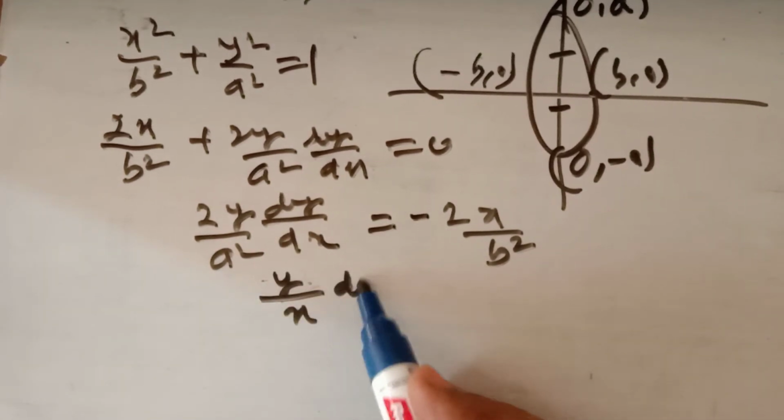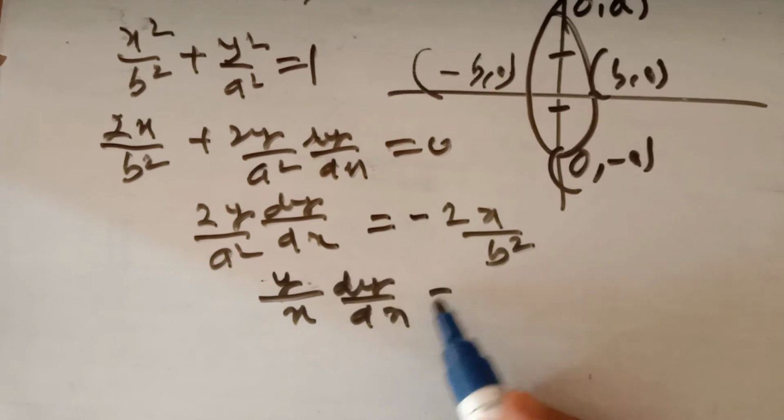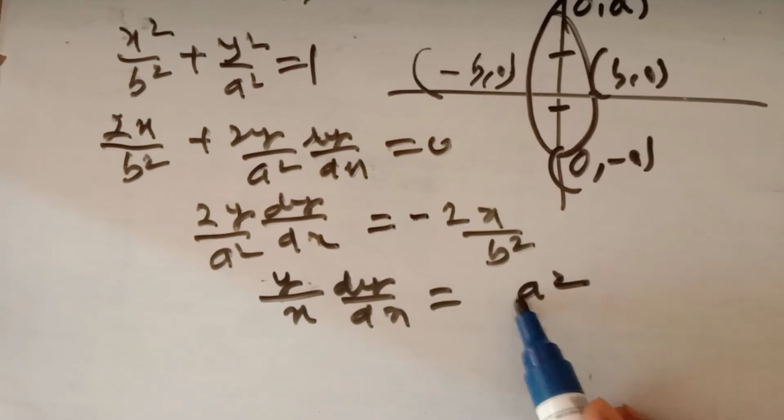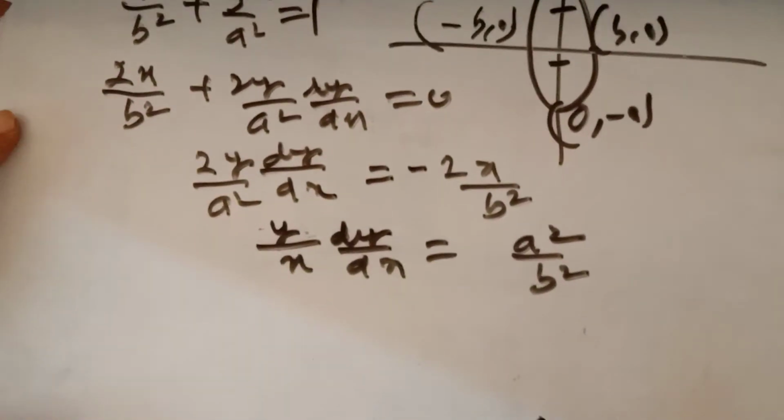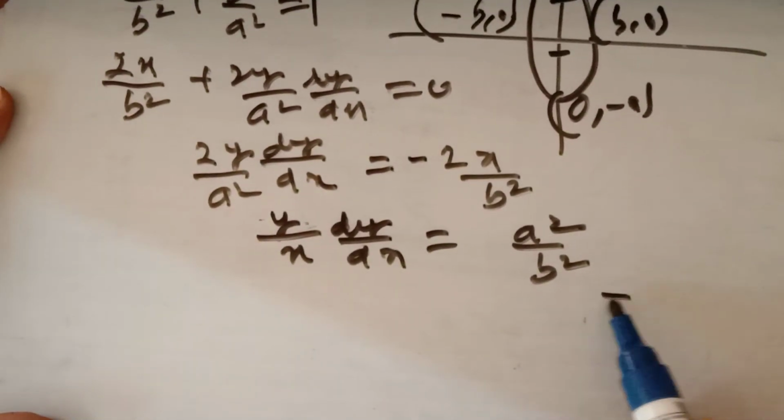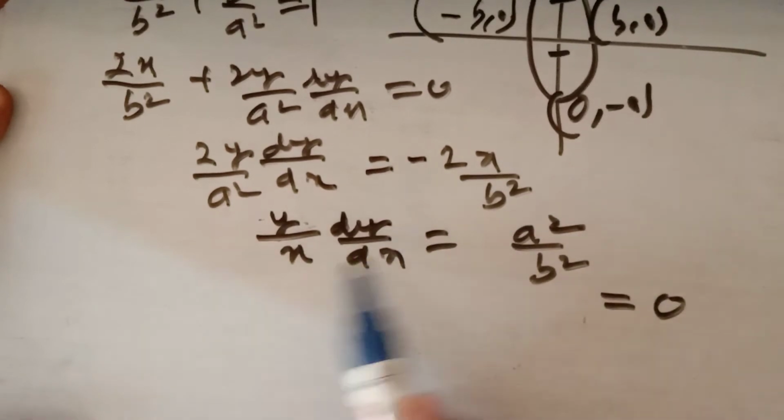So y upon x dy/dx, the 2s will be cancelled out, and it will be a square upon b square, the same as I have done in question number 1 of this exercise. Now differentiate it again. This will be 0, so both are eliminated. See the derivative of this.